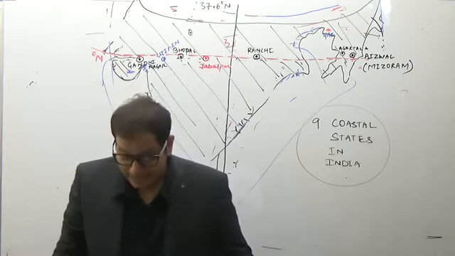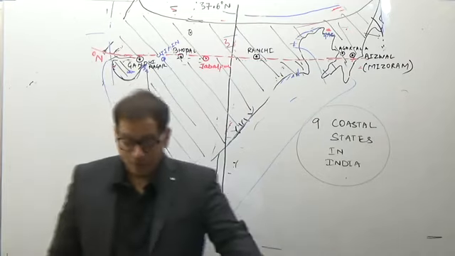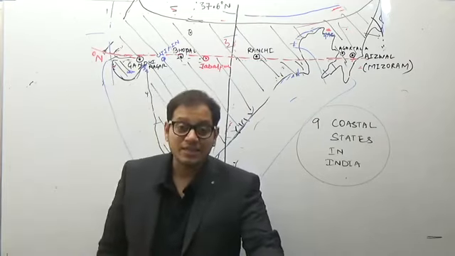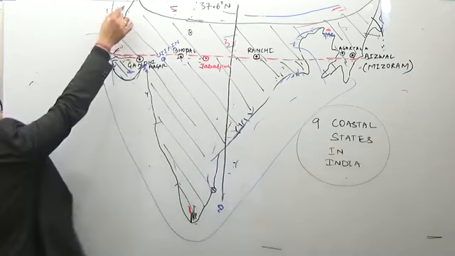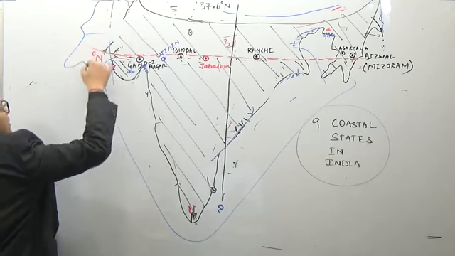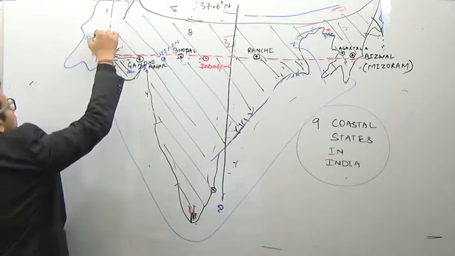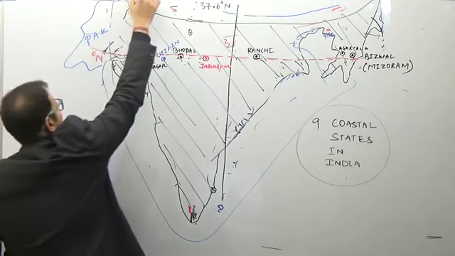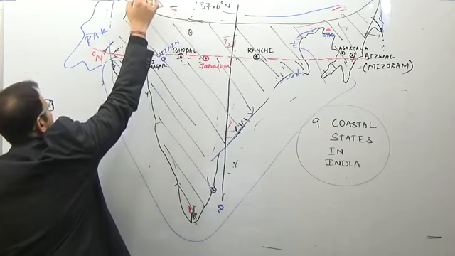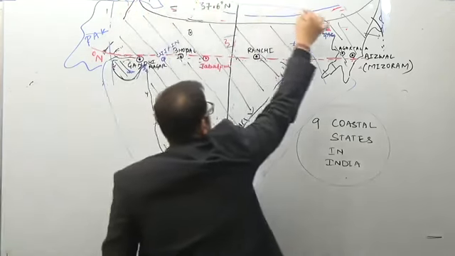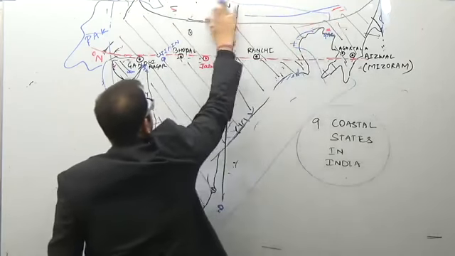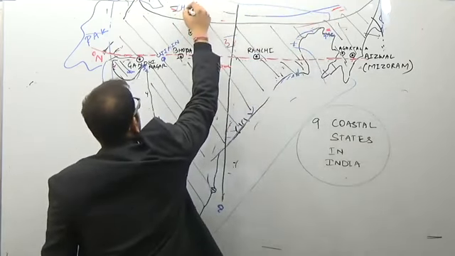Now, looking at the international boundary of India, how is the international boundary of India? Here there is Pakistan. Here there is Afghanistan. After that there is China, the Tibet region of China.